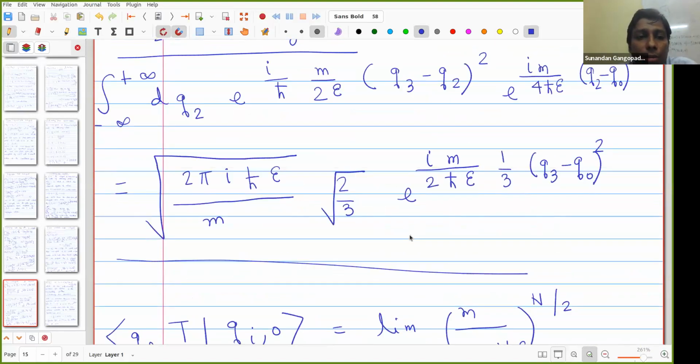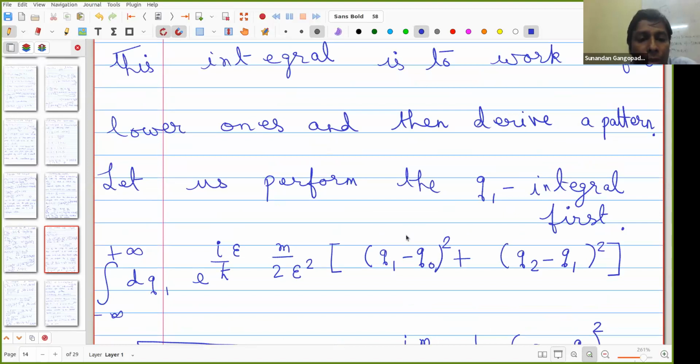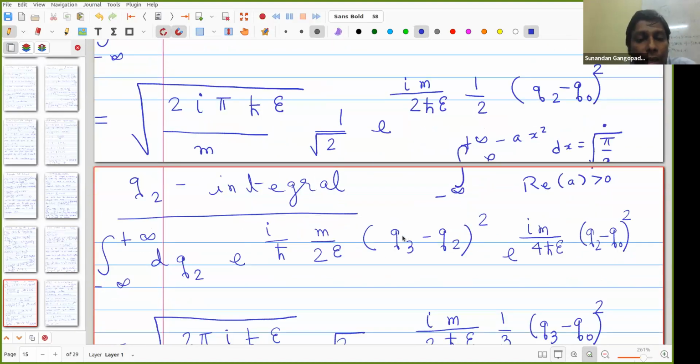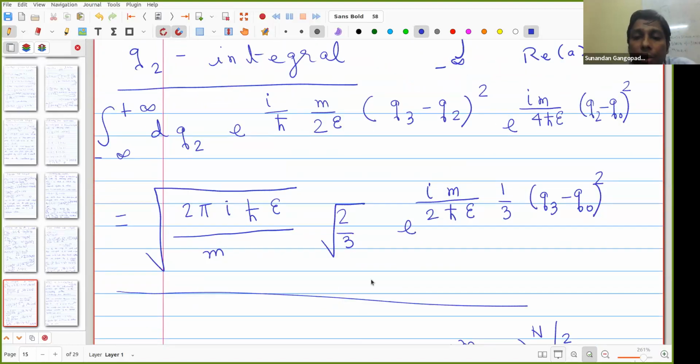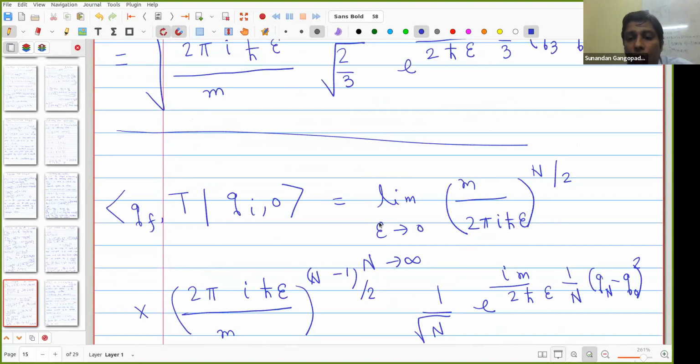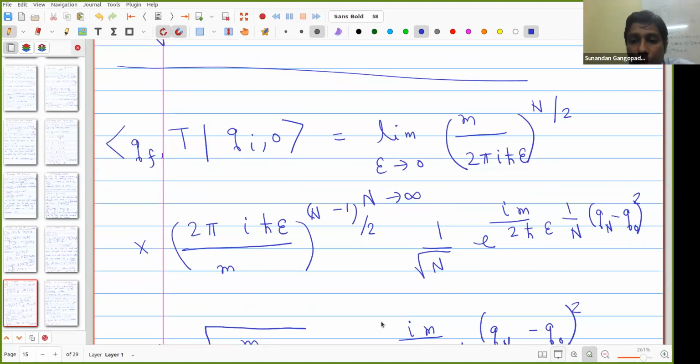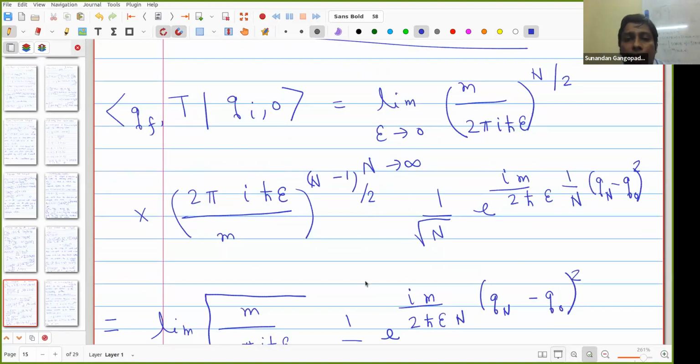So now that we have performed the Q1 and Q2 integrals, you can again go ahead and perform the Q3 integral, and you will see that a very nice pattern comes out. You can write this down in the following way.